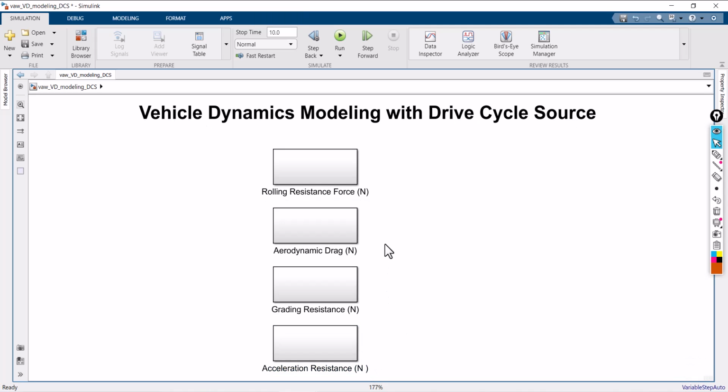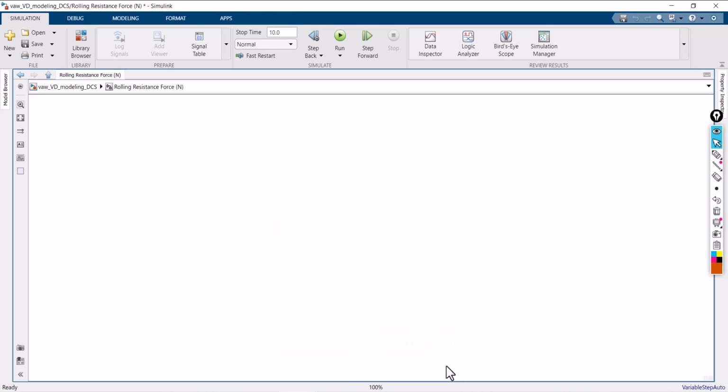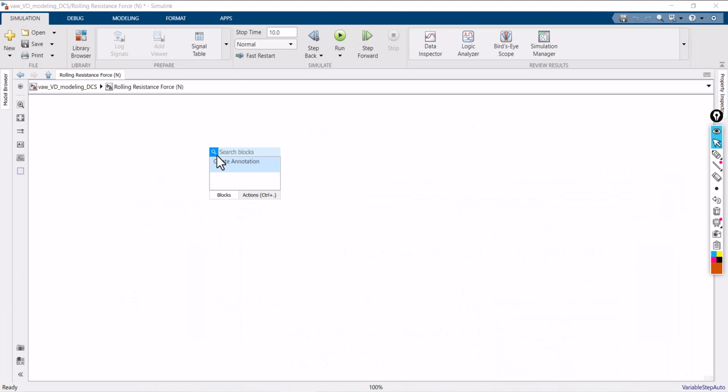According to the equation, I'm going to create a rolling distance, aerodynamic, grading distance, and acceleration distance subsystem. We're getting inside the rolling distance. There are 4 constants, so it will take constant blocks.